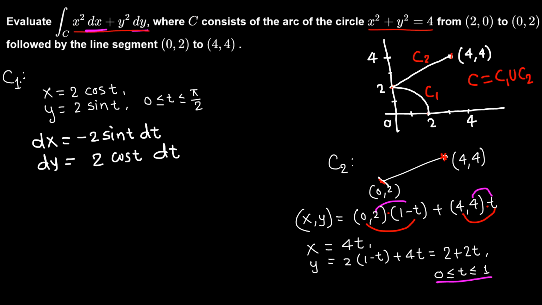Then on the C1 curve we have the bounds for t from 0 to pi over 2. The integrand is x squared dx plus y squared dy.